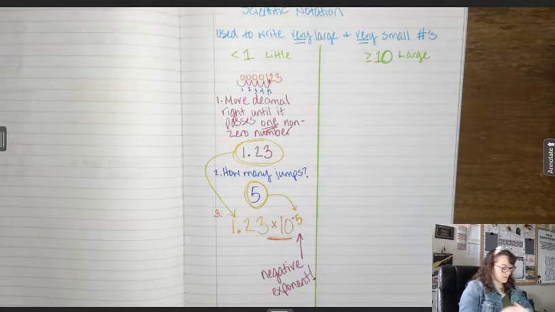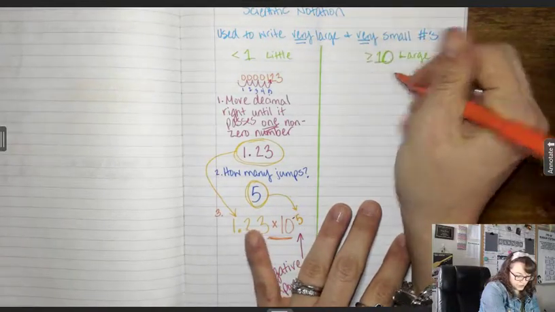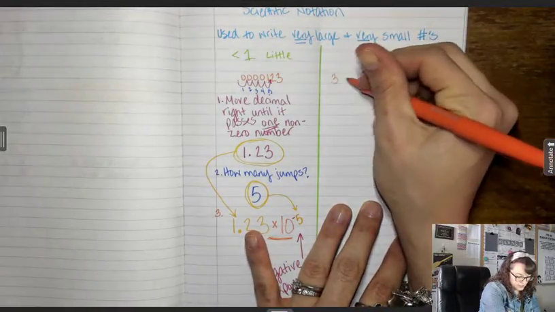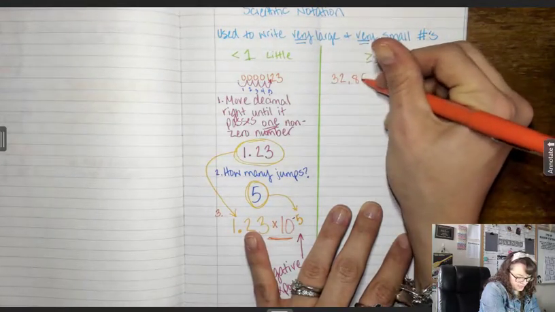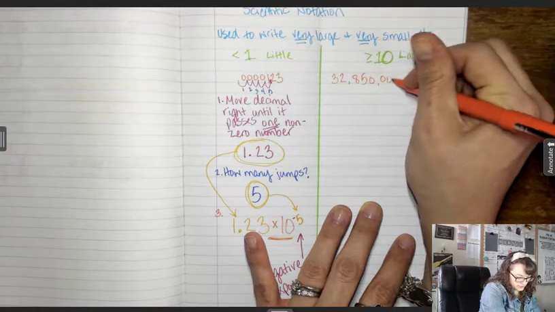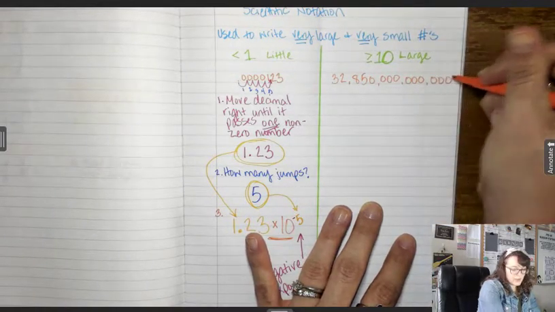If I have the number 32,850,000,000,000. Let's make it worth it.